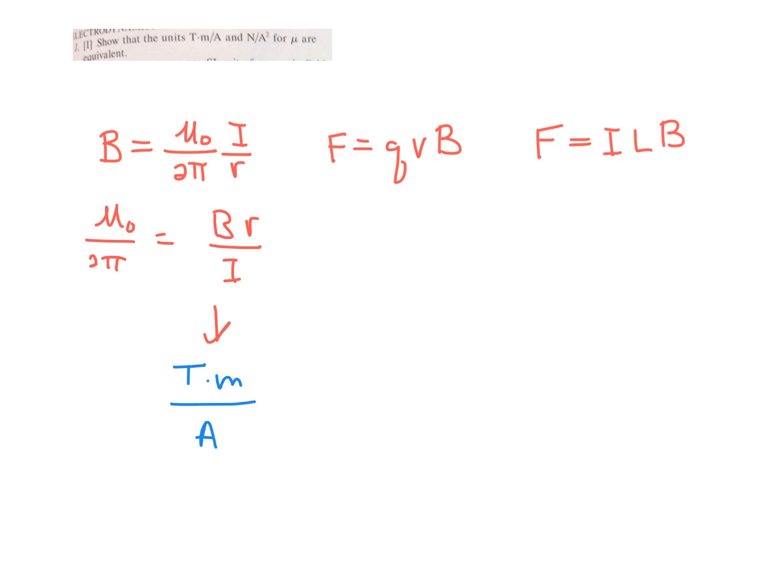So that is the unit for mu 0, because 2 pi has no units. Now we want to show that that is equal to a Newton per amp squared.